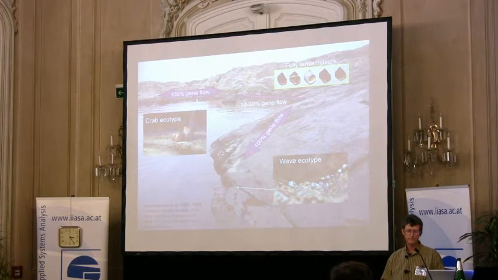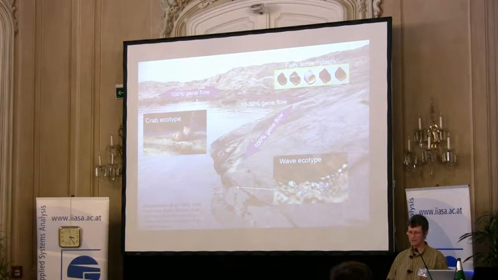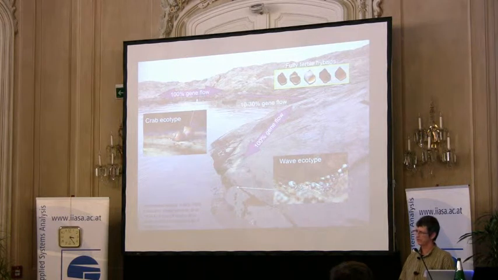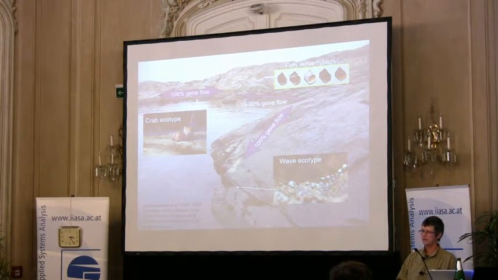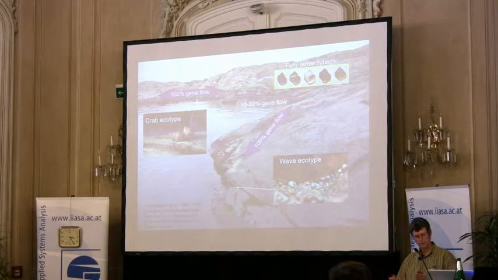And in between you can also find a zone where you find a few hybrids. These hybrids are fully fertile, but still we can measure a reduction in the gene flow between these. So there is a very clear reduction in gene flow, which we can measure using microsatellites, for example.